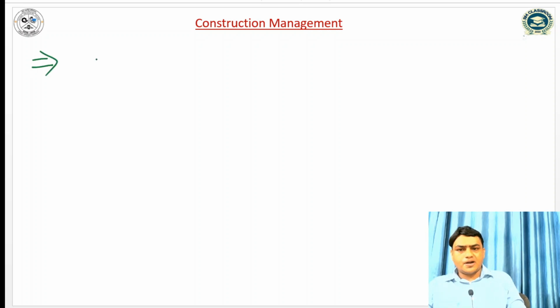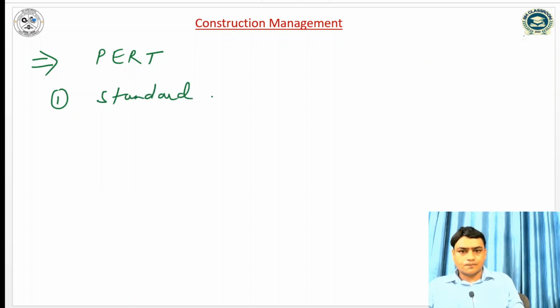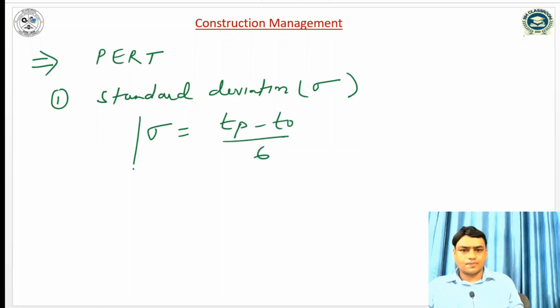So in PERT analysis, the uncertainty depends on the value of standard deviation. Higher the value of standard deviation, greater will be the uncertainty to complete the project. So this standard deviation sigma can be computed as Tp minus T0 by 6.